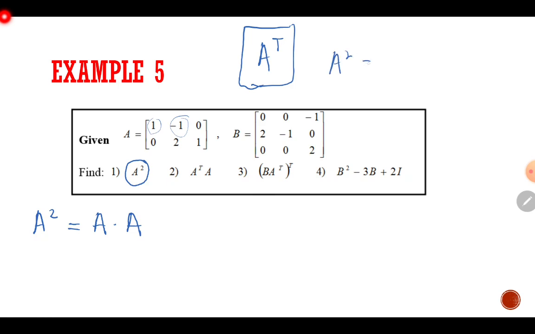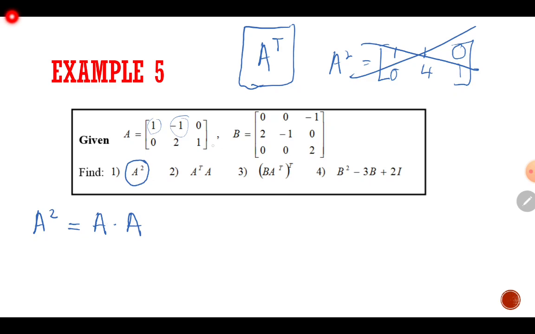It's not like, easy, A square, 1 squared is 1, negative 1 squared is 1, 0 squared is 0, 4, 1. No, this is absolutely wrong. Okay, that's not the way it is. A square means we are supposed to find the multiplication of matrix A together. Okay, A times A.